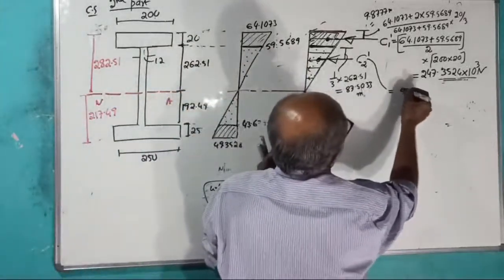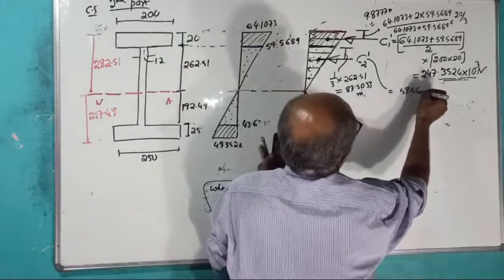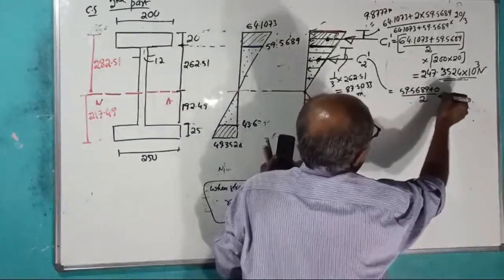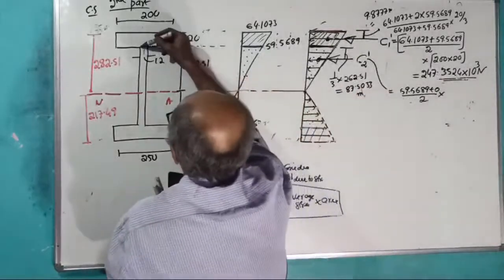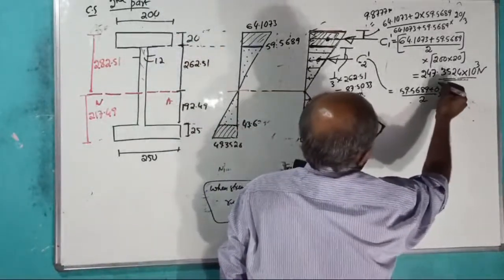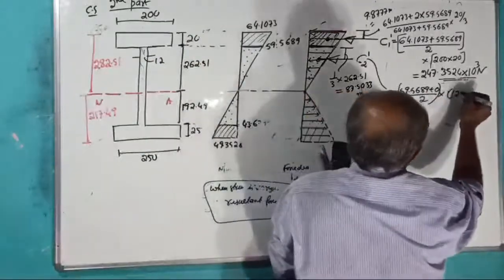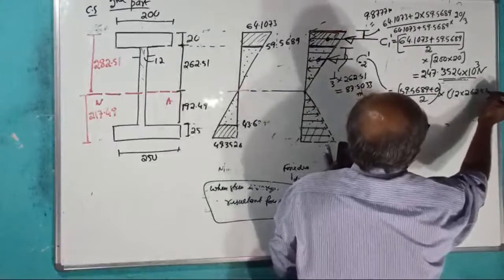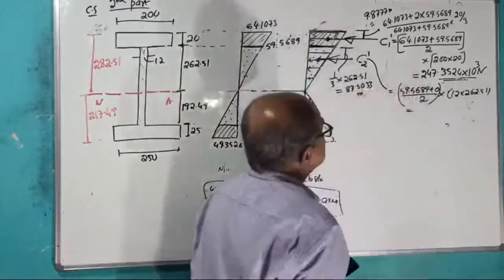And your C2 dash equals, see, for this portion, stress is 59 here, 0 here. Average stress is 59.5689 plus 0 divided by 2, into this area, 12 into 262.51. Answer fast.